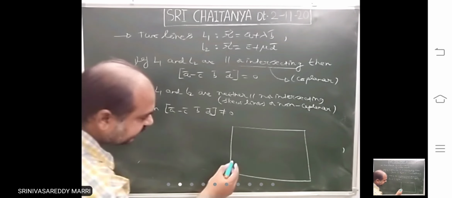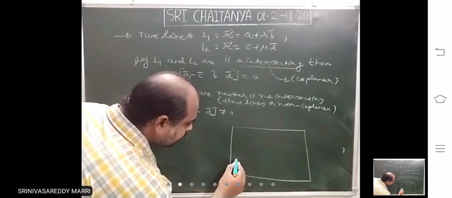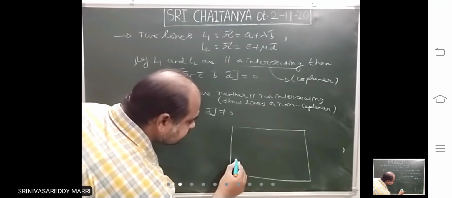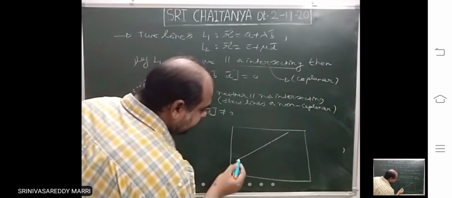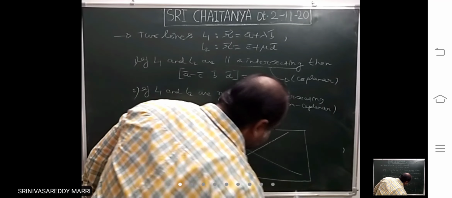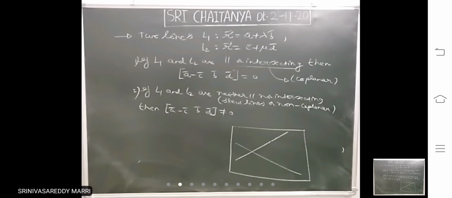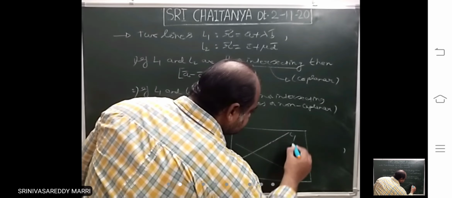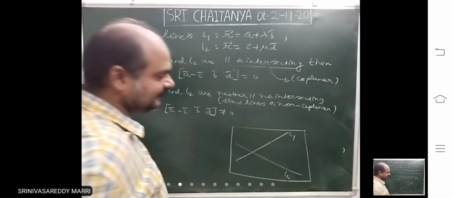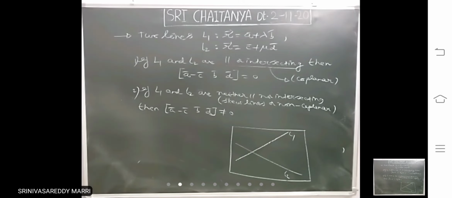Two lines, let us say they are intersecting, lying in this plane. First condition I will deduce. So this is L1, this is L2.